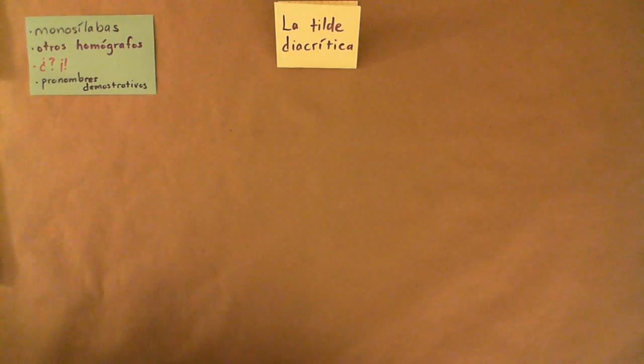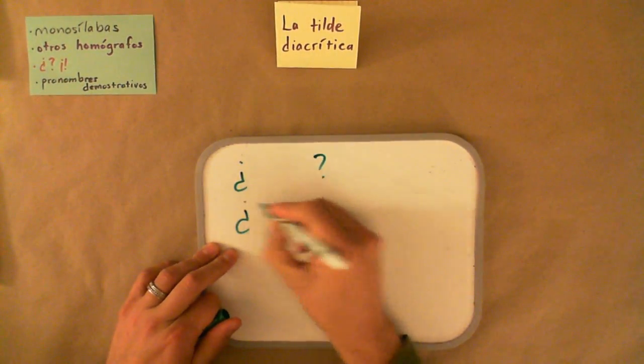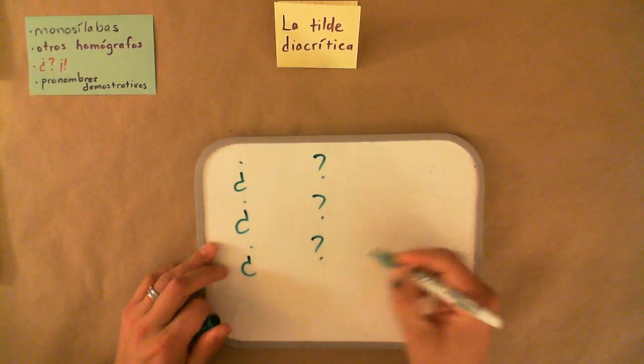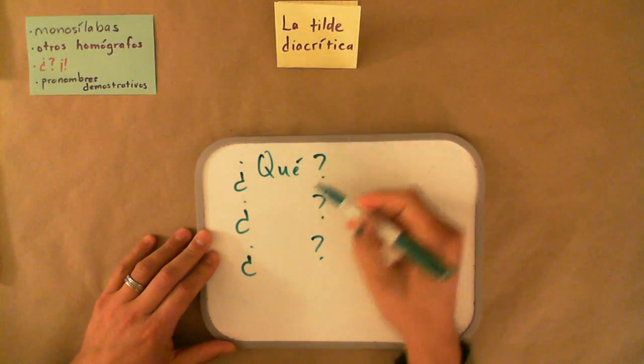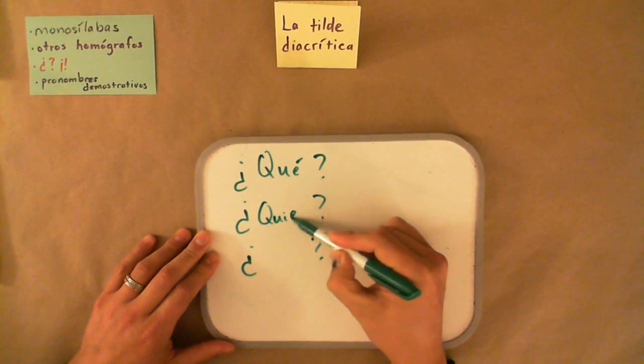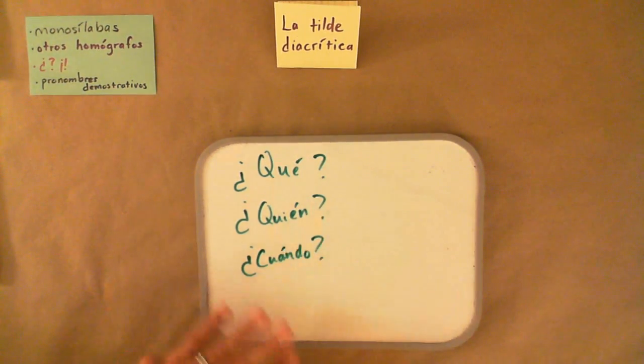This one is probably the easiest to remember. If it's a question word, always put a tilde on it. So we have the word qué, we have the word quién, we have the word cuándo. Doesn't matter.